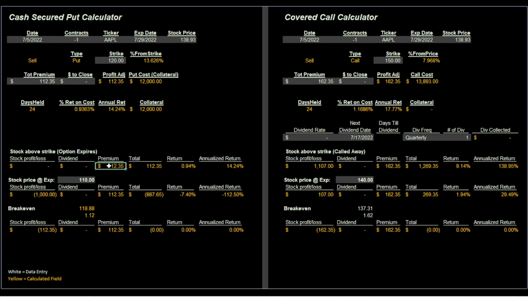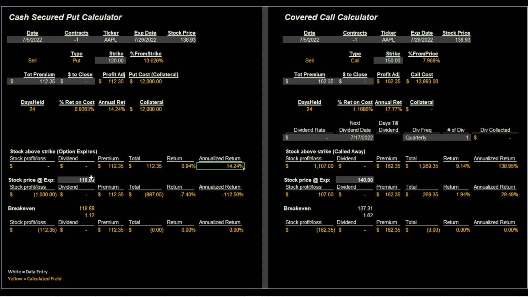You're going to keep the $112 that you collected when you made this contract, which means about a 1% return, or about 14% annualized return on your $12,000. So you're off to a good start. If you do this all year long, you would make 14.24% on your money. Feel pretty good, and you would never have owned a stock.